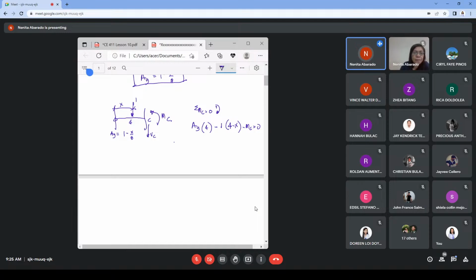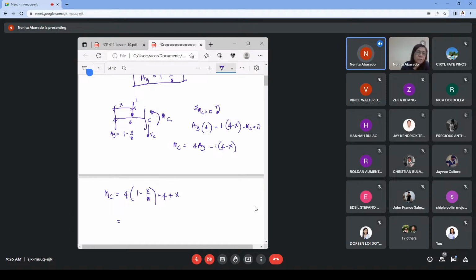So therefore, we have M sub C is equal to 4AY minus 1 times 4 minus x, diba? Continue natin. So, M sub C is equal to 4 times AY. Ano nga ba yung ating AY? 1 minus x over 8, minus 4 plus x. Simplify natin na minus 4 plus x.